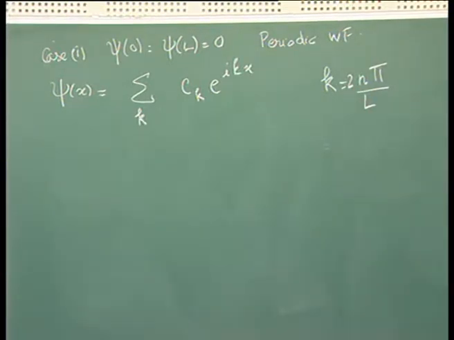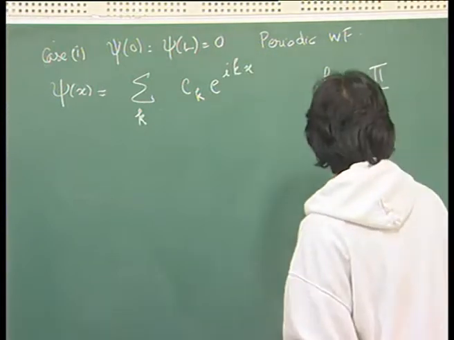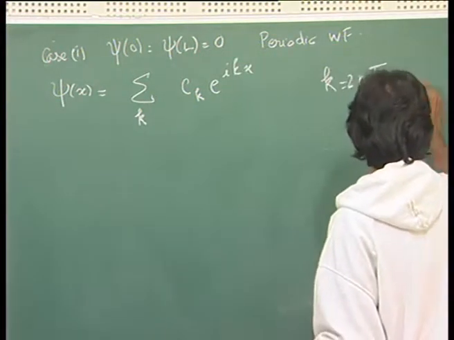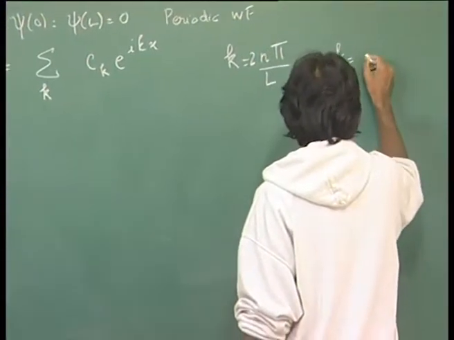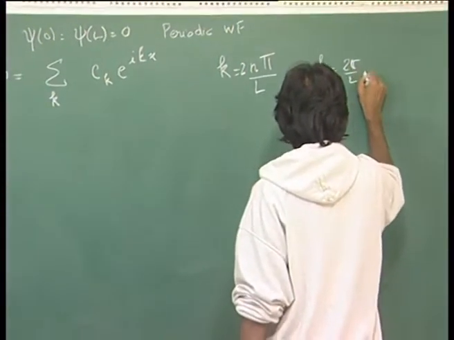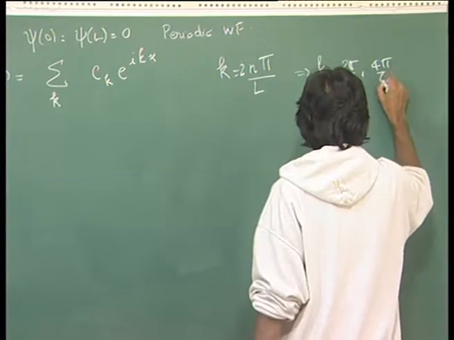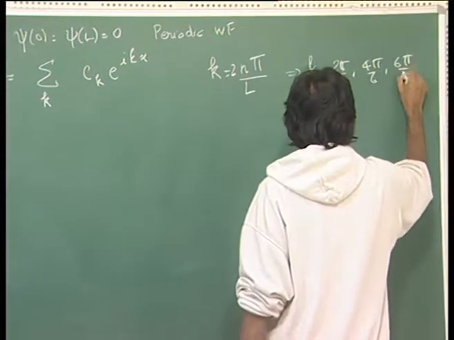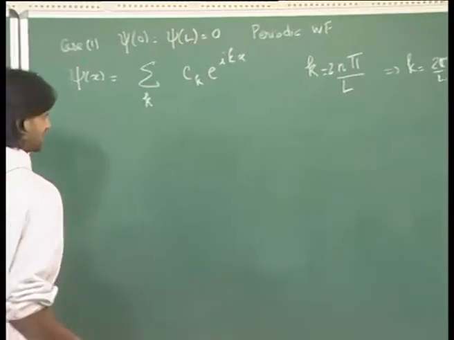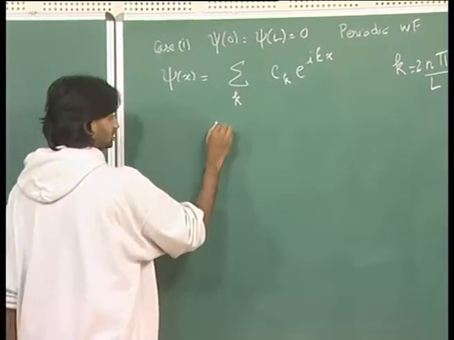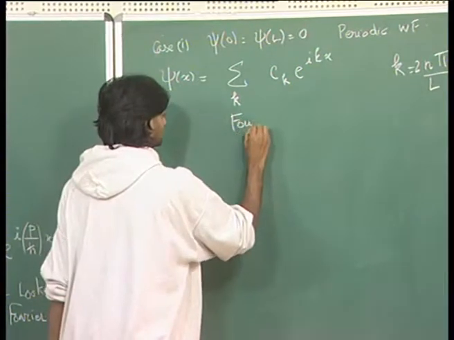So, this implies k is equal to 2 pi by L, 4 pi by L, 6 pi by L, and so on. So, this is a Fourier series.